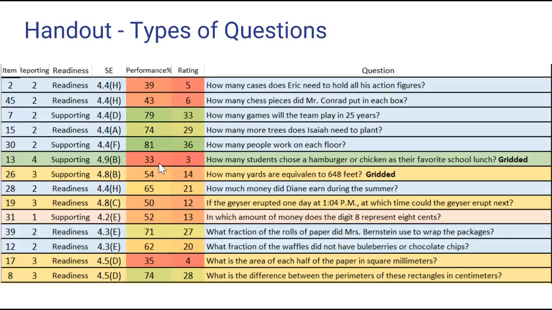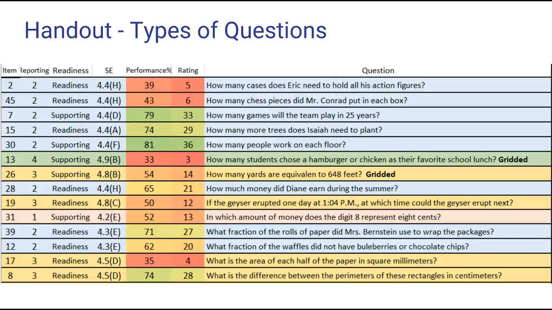Now all these questions were sorted by the very first word in the question stem. So you can see we're starting first with our how questions. You'll notice that they're mostly blue, which tells us they come mostly from reporting category 2. And then you see our questions, there's a few red and a few green.